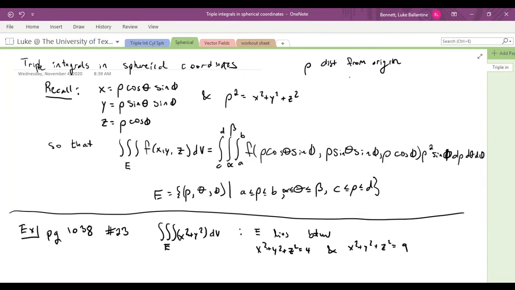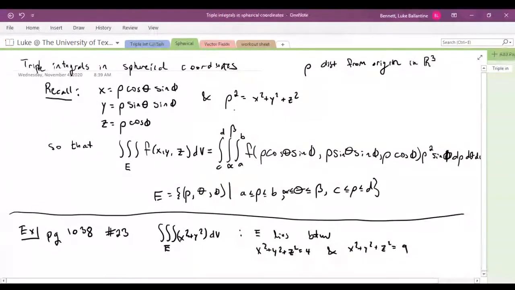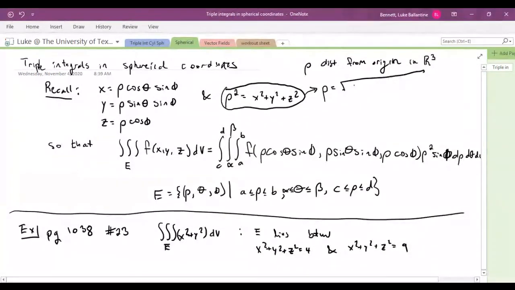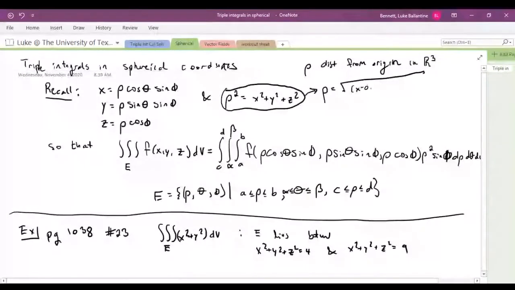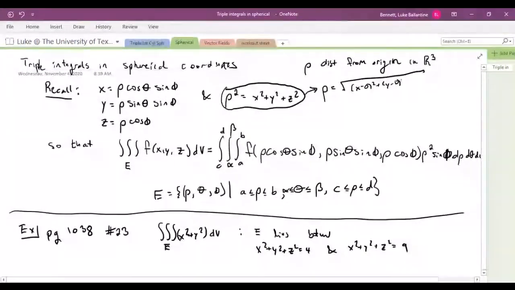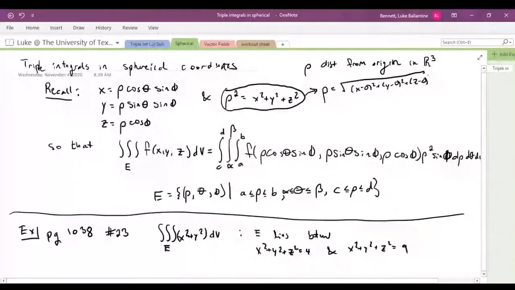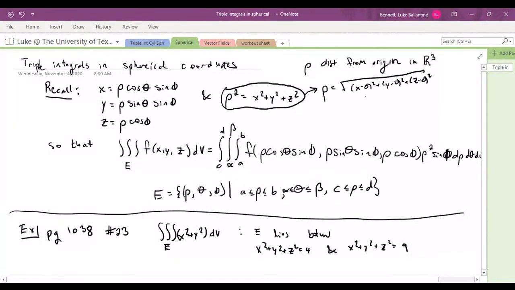Rho is the distance from the origin in 3D space. And we can see that by rho squared equaling x squared plus y squared plus z squared, because rho is equal to the square root of x minus 0 squared plus y minus 0 squared plus z minus 0 squared. If x, y, z is a point, then this is the distance from the origin, being rho.